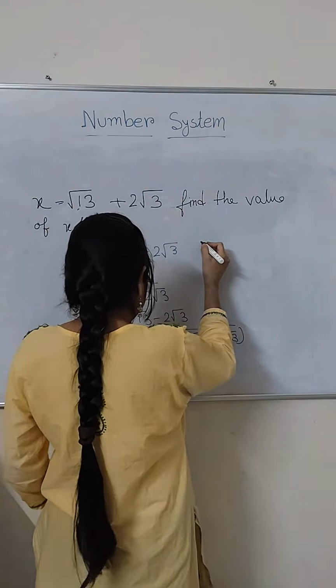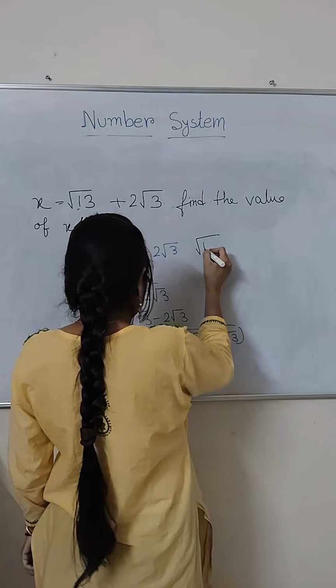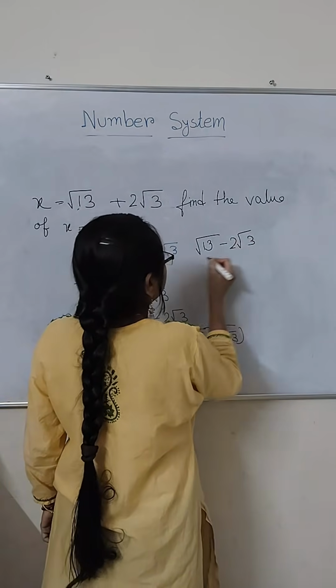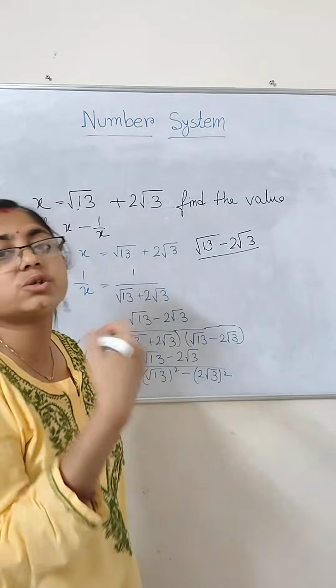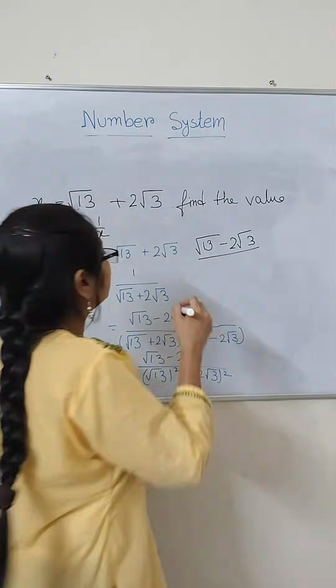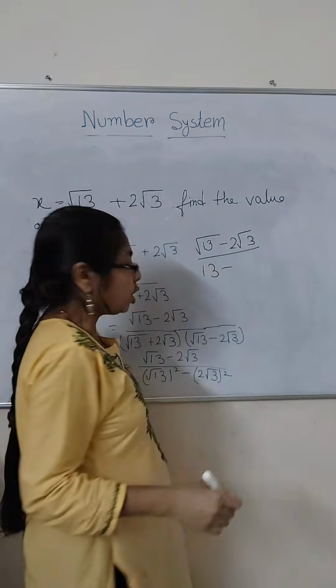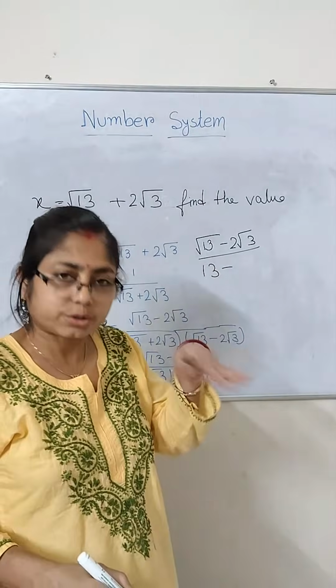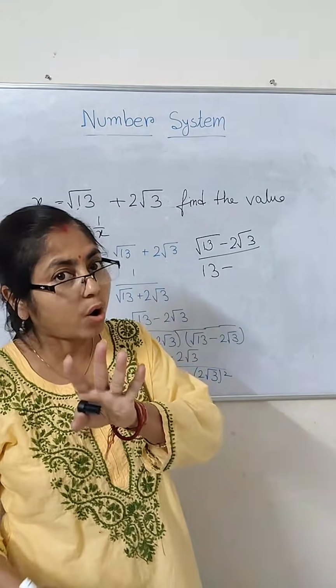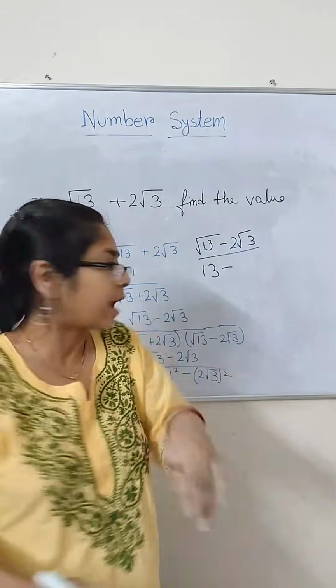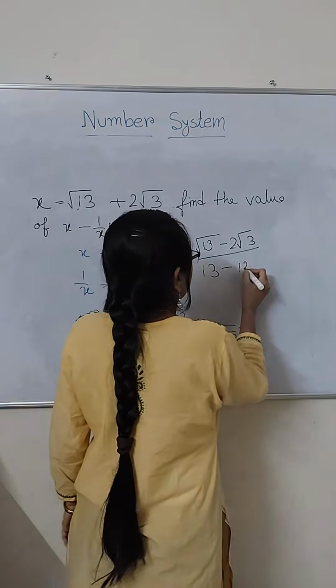What is in the next part? Root 13 square means only 13, minus 2 root 3 whole square. 2 square means 4. Root 3 into root 3 means 3. 4 into 3 is 12. So 13 minus 12, it is 1.